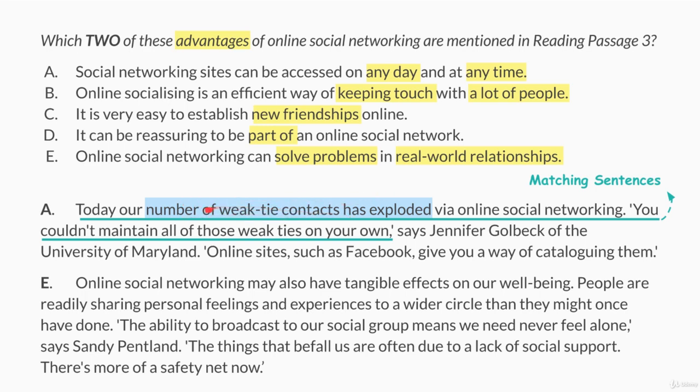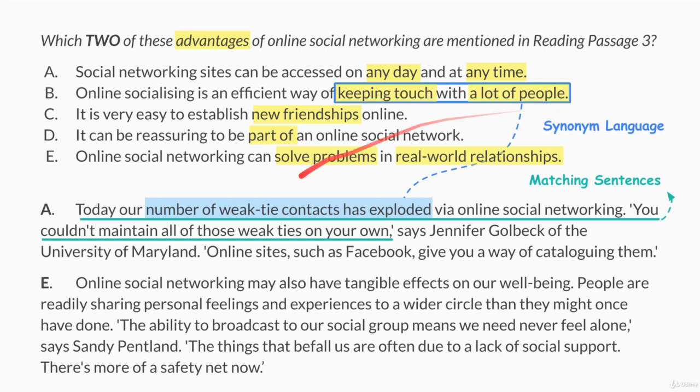So here we have synonym language for this part over here. It says, online socializing is an efficient way of keeping touch with a lot of people. So to keep in touch with a lot of people means that you can also keep in touch not just with your good friends, but also with your acquaintances, with your weak tie contacts.